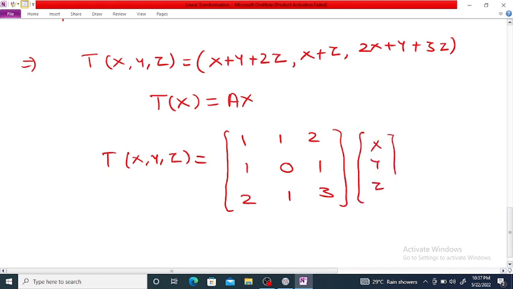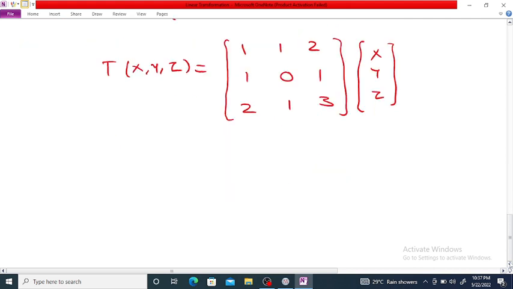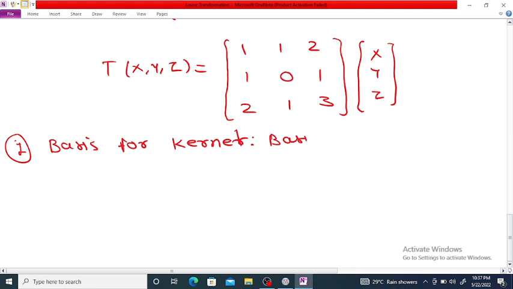First we want to determine the basis for the kernel, and the basis of the kernel is the same as the basis for the null space of A.